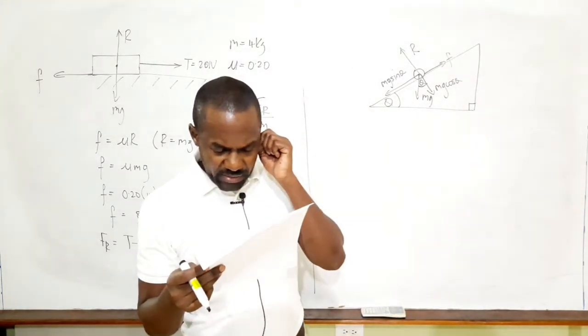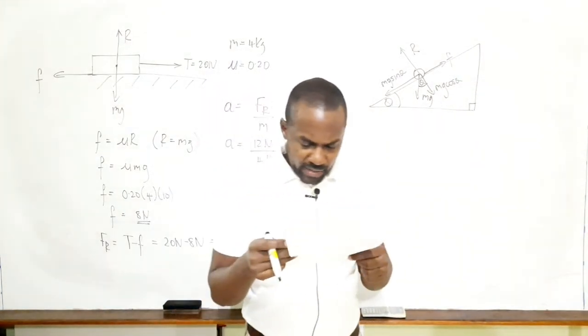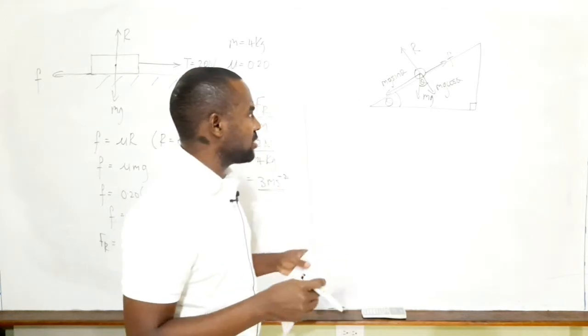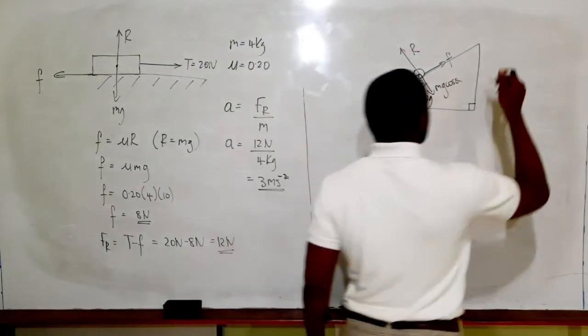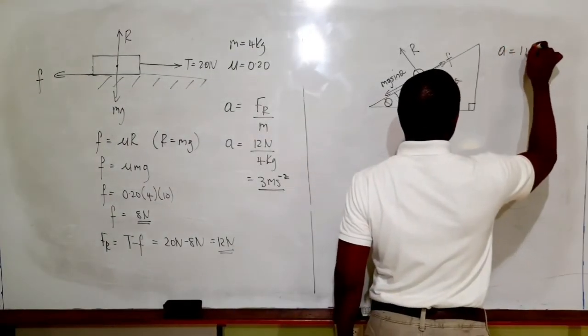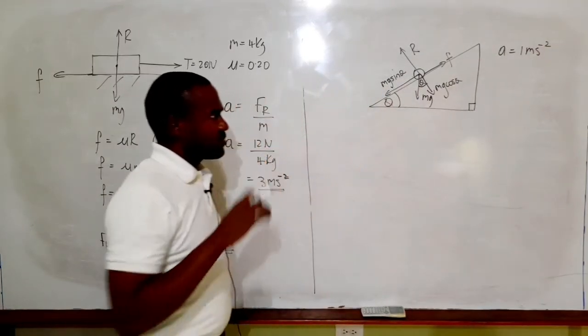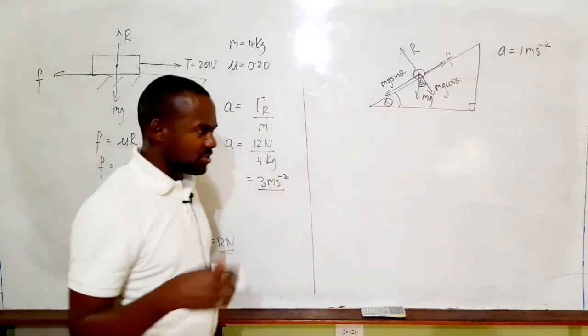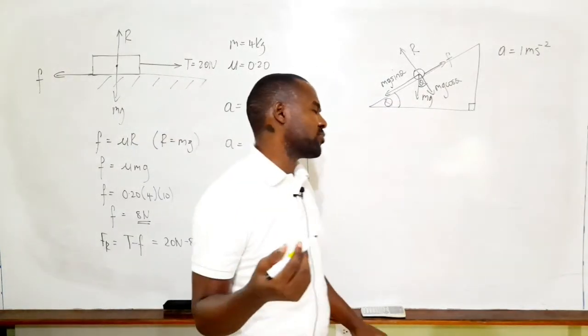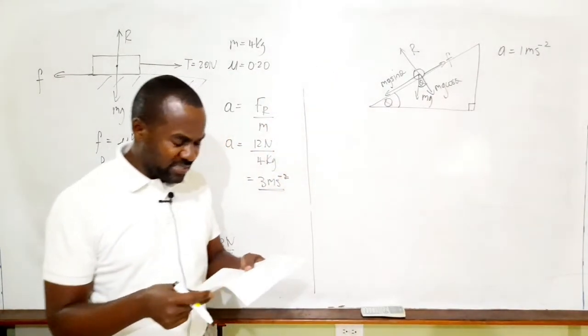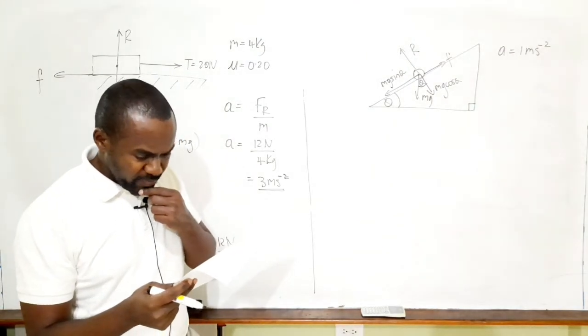The particle slides on the rough plane, and the acceleration A is given as 1 meter per second squared. It's given as g over 10, but we'll approximate that to 1 meter per second squared since we're using g as 10.